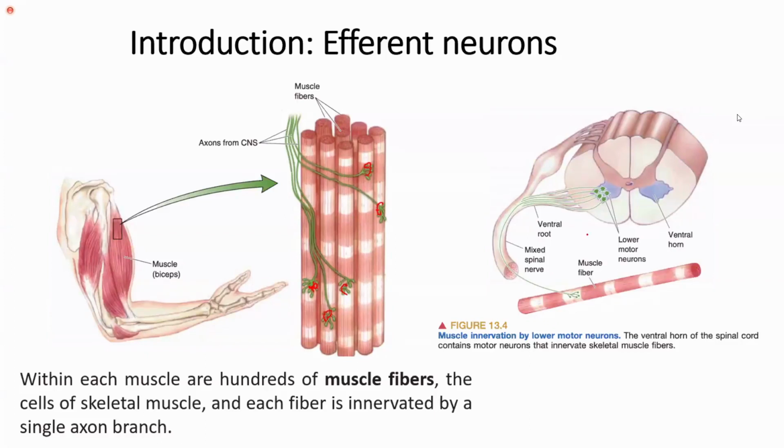And as we said, the lower motor neurons have their cell bodies residing in the ventral horn of the spinal cord, and they exit to synapse directly with the muscle fibers.